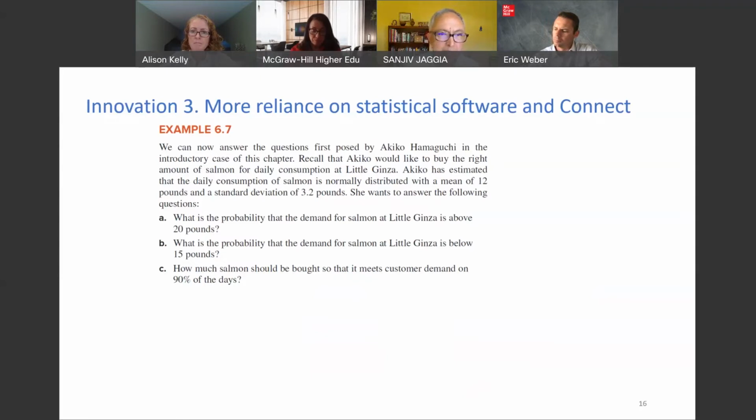So students know that it's a normal distribution, and the questions are: what's the probability that the demand for salmon is above 20 pounds, or what's the probability it is less than 15 pounds, and how much salmon should be bought so that it meets customer demand on 90% of the days. So again, we can emphasize the importance of creating the right probability statements for these questions.